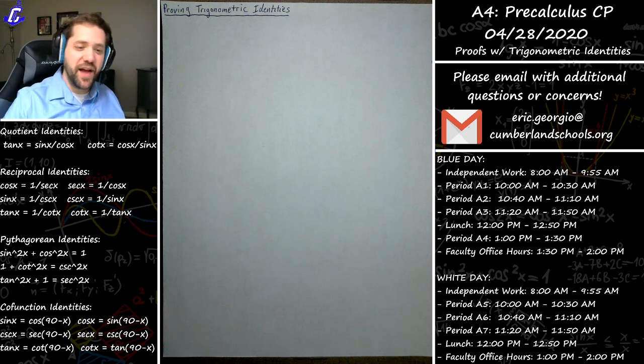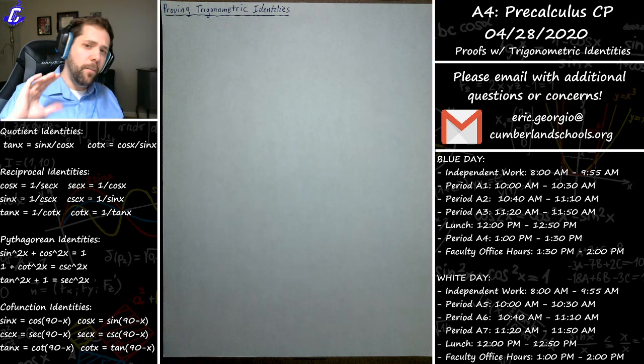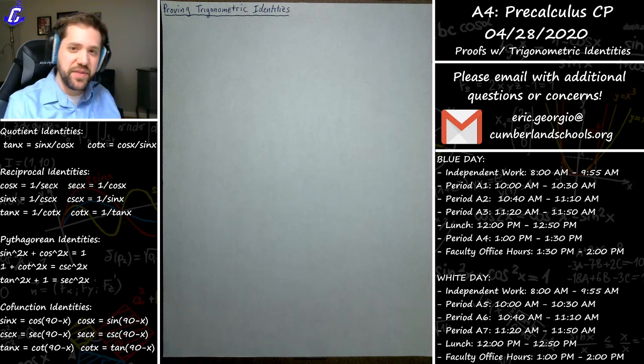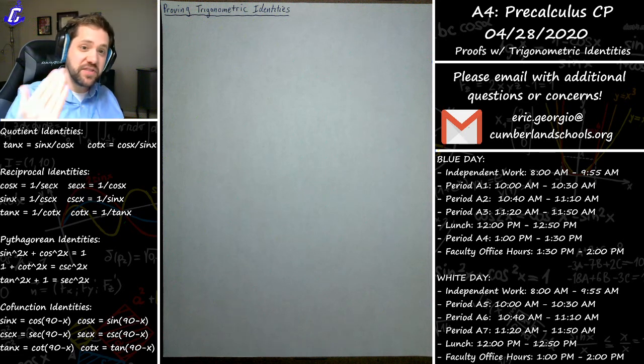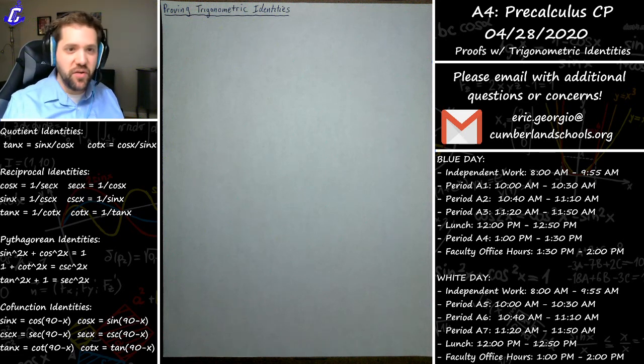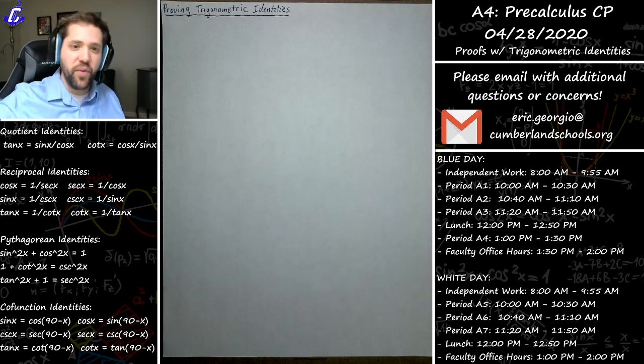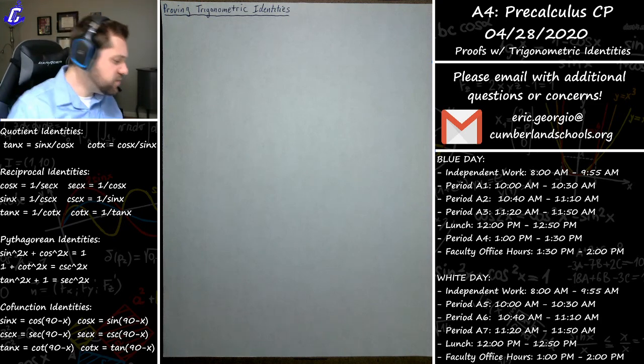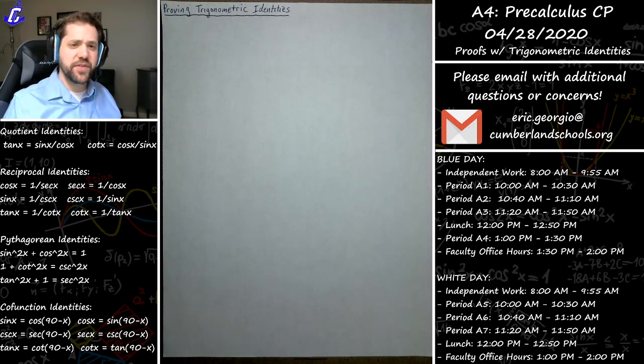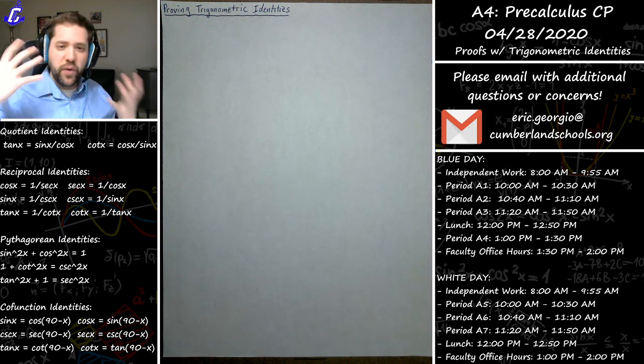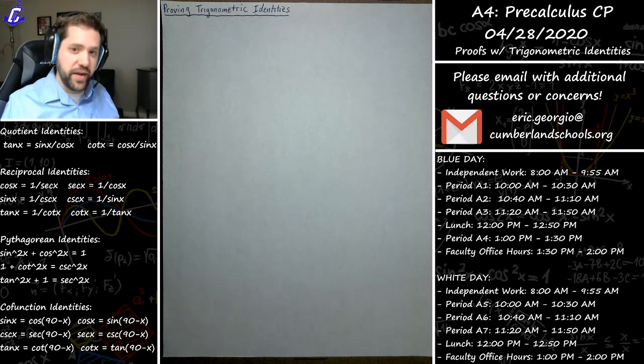In my opinion, I actually think that the proofs are marginally easier than the actual simplification problems that you've been doing all along the way, because they actually do give you some direction or some goals to aim for. In other words, you're trying to show that one thing is equal to something else. So it almost gives you an endpoint to work towards. Whereas with the straight simplification problem, sometimes it's a little tough to figure out where you're going or where your endpoint is.